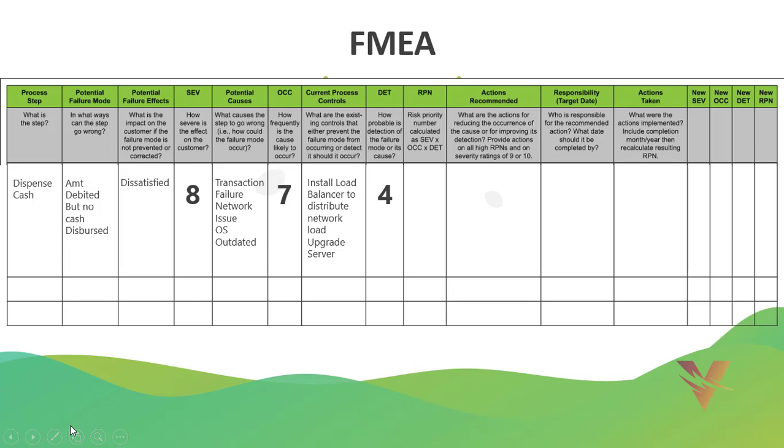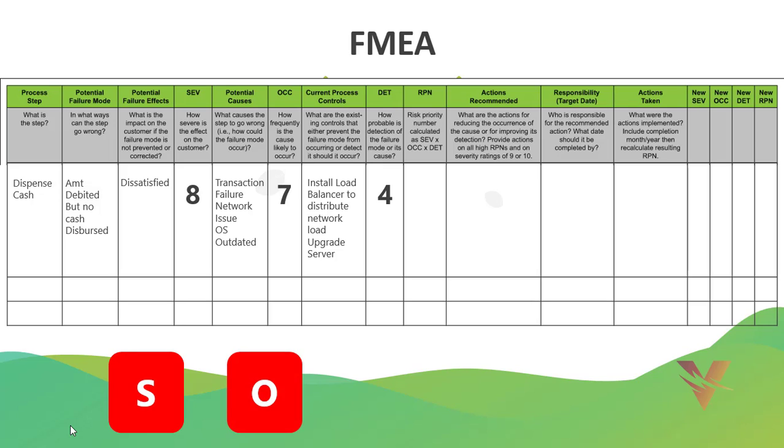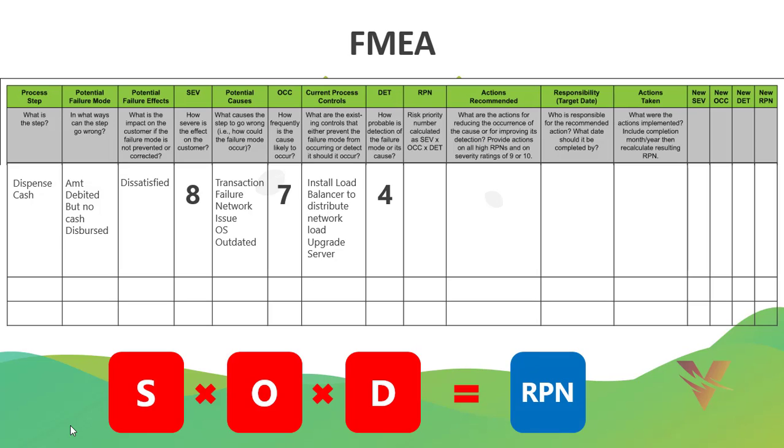Next is RPN. Here, the risk priority number is a product of severity, occurrence and detection. If we multiply these three things, we will get the risk priority number.